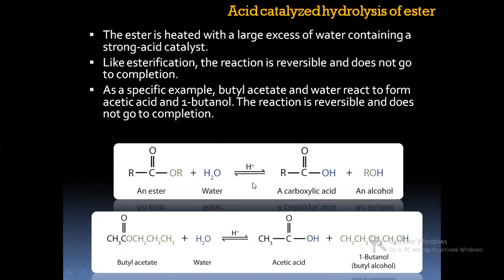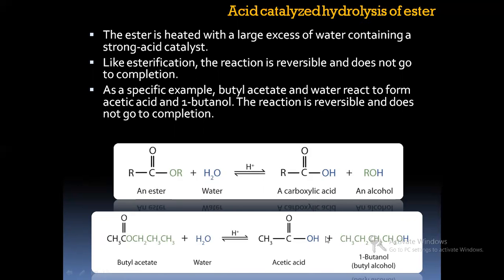So this is acid-catalyzed hydrolysis of ester. Here the ester is heated with a large excess of water containing a strong acid catalyst. Like esterification, the reaction is reversible and doesn't go to completion. Here we have an example of butyl acetate reacting with water to form acetic acid and 1-butanol, and you can see the reaction is reversible and doesn't go to completion.